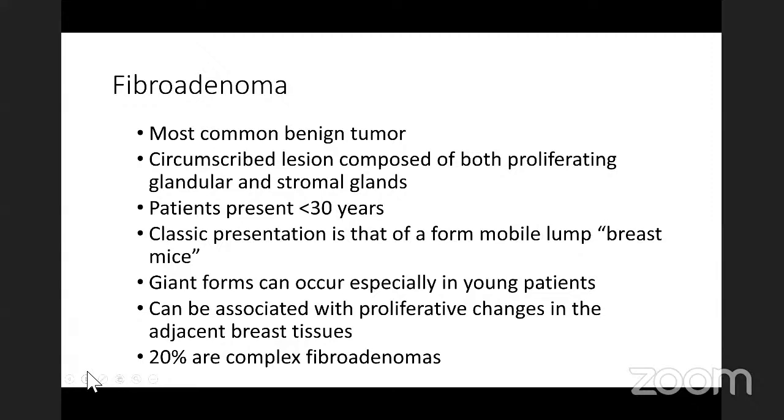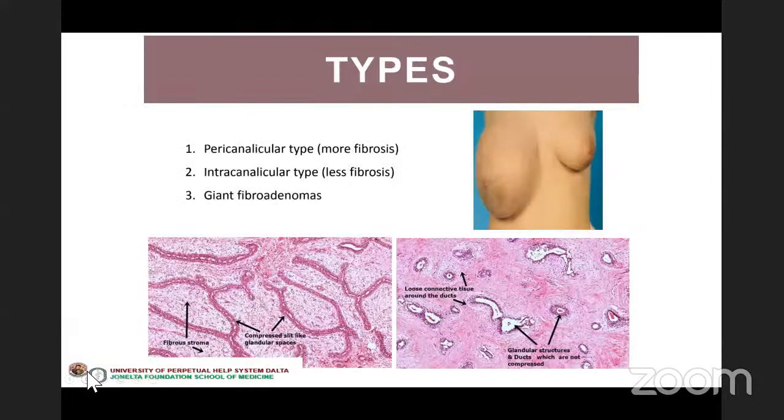Okay? 20% are complex fibroadenomas. There are two types. If it's more fibrotic, it's classified as pericanalicular. If it's less fibrotic, it's intracanalicular. And it could be a giant fibroadenoma if it is enlarged or giant in size.